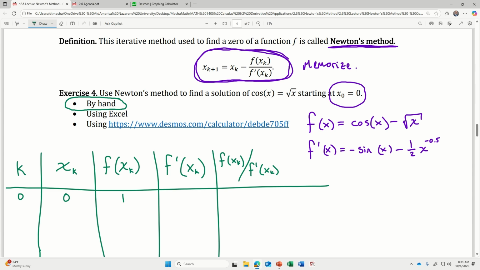And so I do negative sine of 0 minus 0.5 times 0 raised to the power negative 0.5. And that is, oops. That's interesting because it's like a divide by 0 error when you have 0 raised to a negative power.